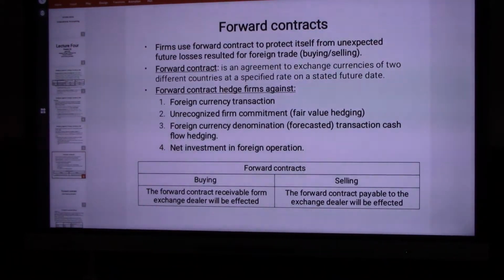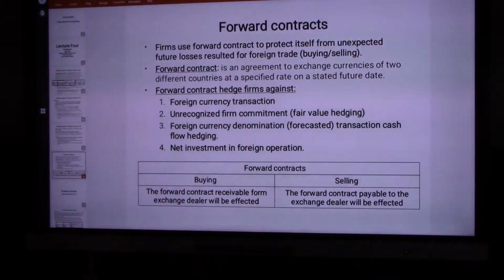So when I'm talking about forward contract, the firm is hedging itself against foreign currency transaction, unrecognized firm commitment, foreign currency denomination, net investment in foreign operation. أي transaction ينتج عنه الفير لوس نتيجة للترانزاكشن أو نتيجة للإكسشينج الفورين كارنسي ريتس بلجأ للفورورد كونتراكت to protect myself.